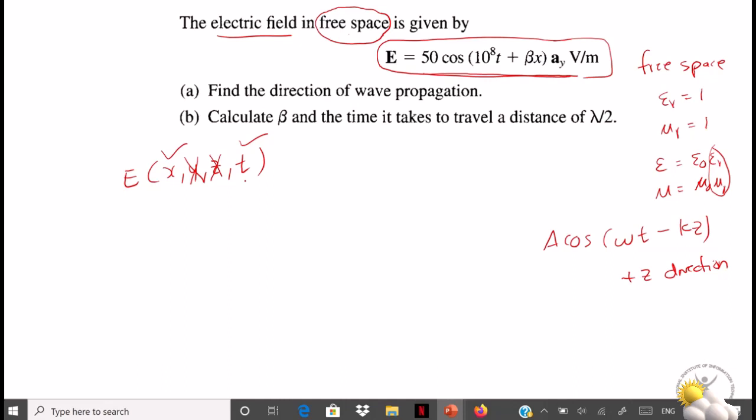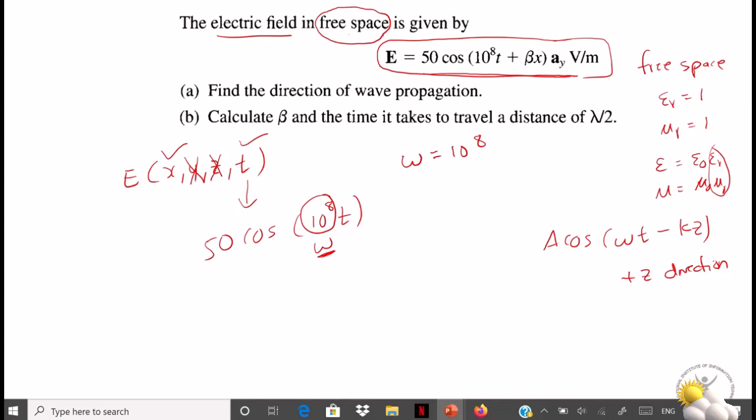Obviously, it's a function of time, and the time is varying like cos of 10 to the power of 8t, in which this factor looks like omega. If you put x equal to 0 in this equation, we get cos of 10 to the power of 8t, which is a signal which varies with time. So this omega should be equal to 10 to the power of 8 radians.